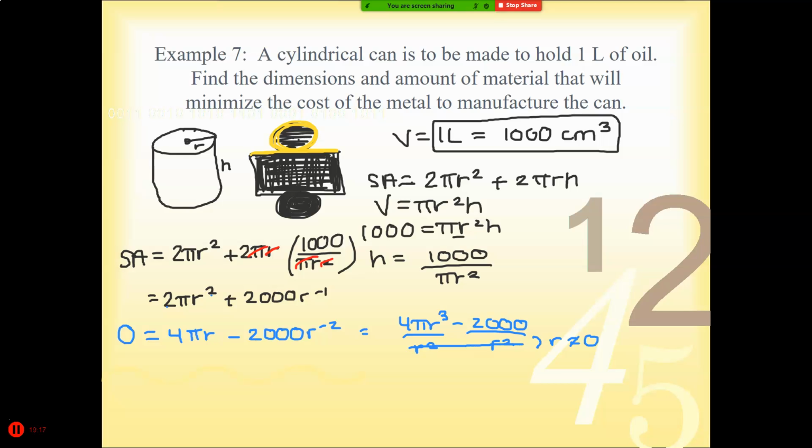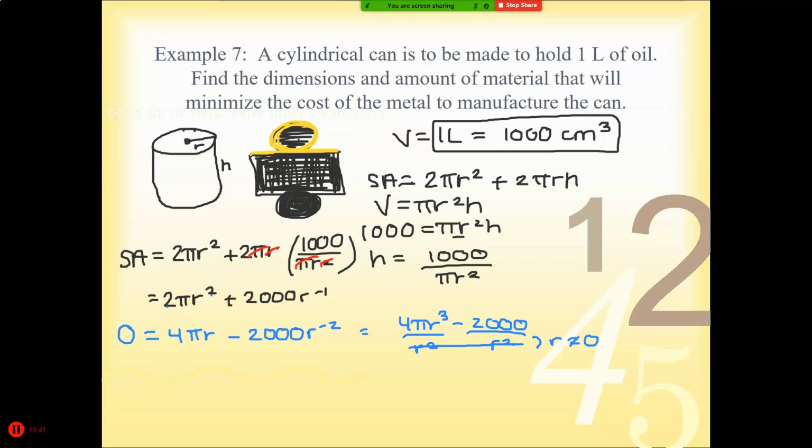That's illogical. So since the denominator would only equal 0 for our DNEs, we can eliminate that because, again, we can't have a radius equal to 0, thus giving 4 pi r cubed minus 2,000 equals 0.